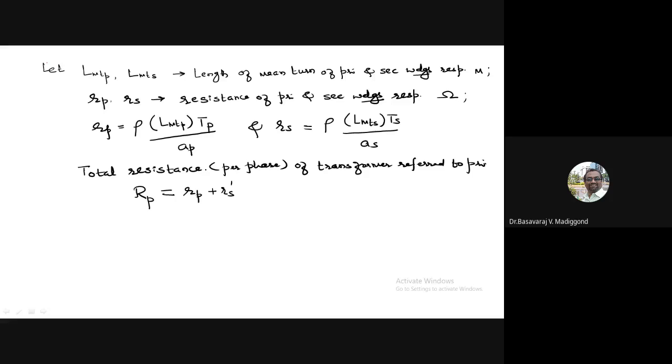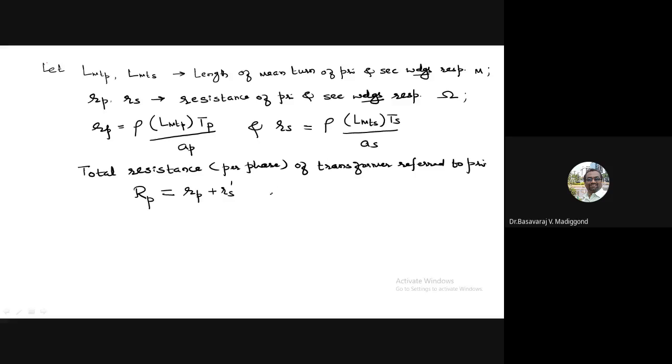Are you able to recall what I am telling you right now? Yes, sir. Resistance referred to the primary. So if I want to calculate the resistance referred to the primary, then it is the primary resistance plus the secondary resistance referred to the primary, that is Rs dash or R2 dash. What is this Rs dash?